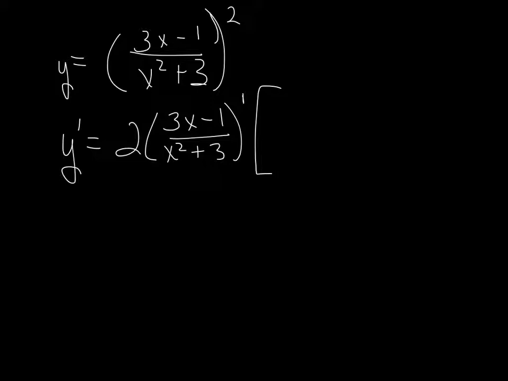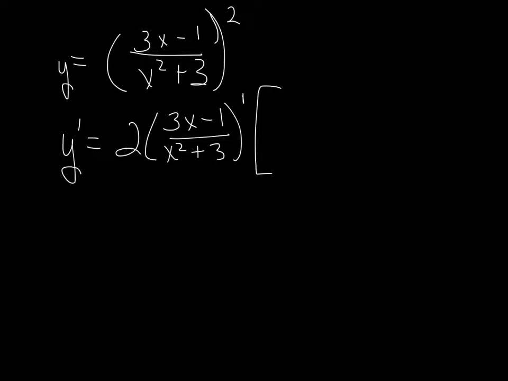So this is another case where, if you are not neat and can't follow your own work, you're going to get messed up. We're using the chain rule, and now to find the derivative of the inner function, we have to use the quotient rule.